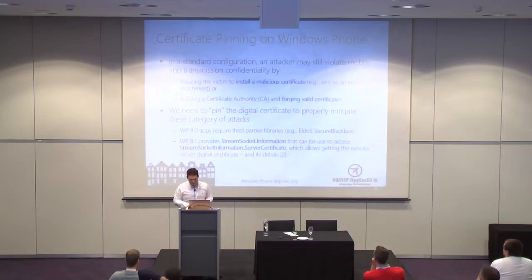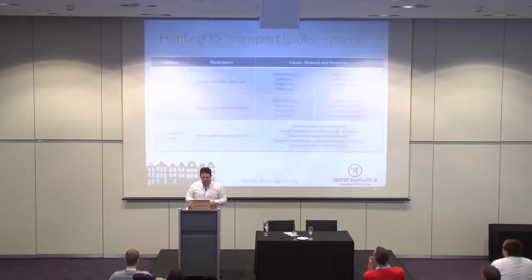and then performing the desired validation. Okay, so when we have to hunt for a problem related to the transport, my first, brutal approach is to grep for the URI class, and usually I'm looking for the use of the HTTP protocol instead of HTTPS.